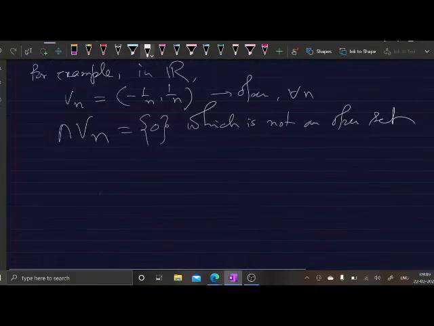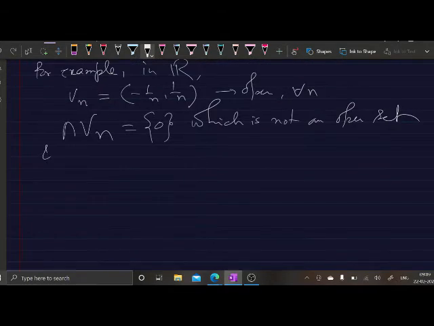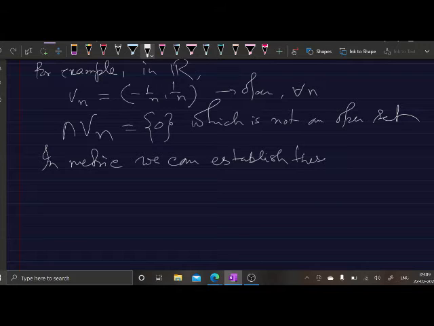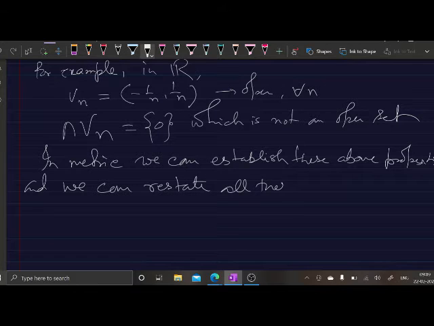Okay, so therefore in metric space we can establish the above properties, and we can restate all these by the following.